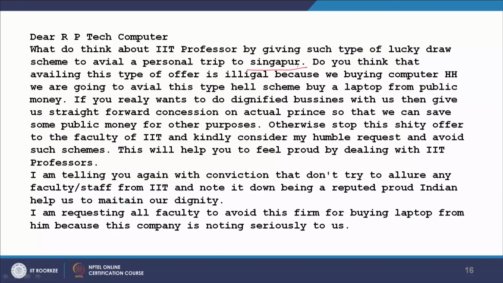See, a very simple point could have been written here, but the author of this email kept going on, saying things repeatedly and contradictorily, and a lot of mistakes are there, and that shows also, like Singapore. So, this shows that the person does not have knowledge of even nearby countries. That kind of communication is a very bad communication.